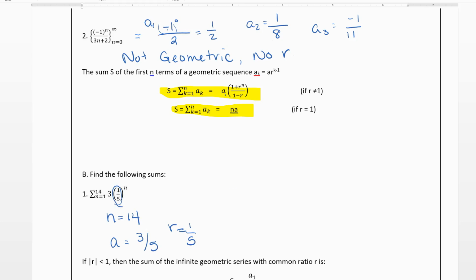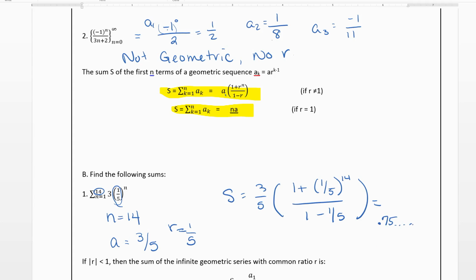So we're going to plug this in. Our sum would be 3/5 times 1 minus 1/5 to the 14th, all over 1 minus 1/5. Now if you put this in your calculator, you get 0.75 and then a bunch of zeros. So this is approximately 0.75.